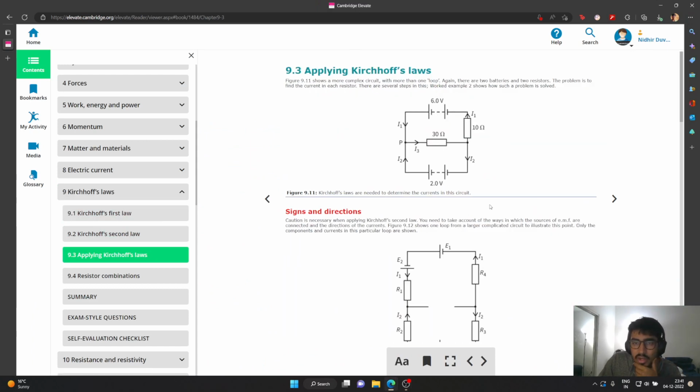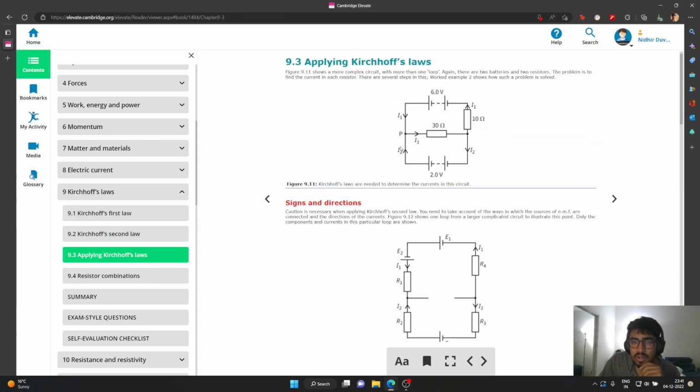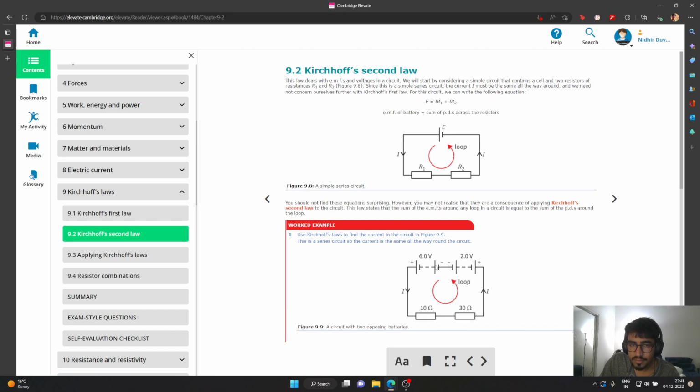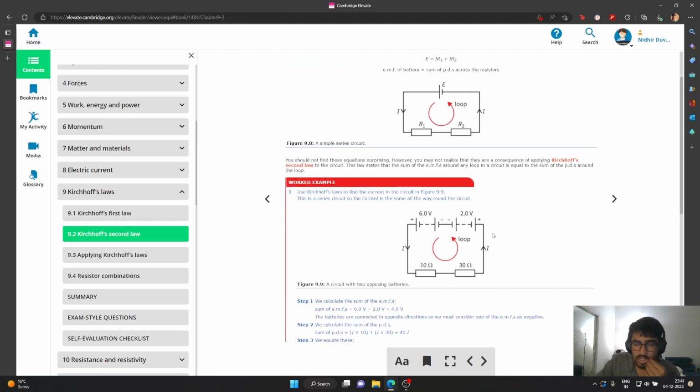You can definitely go through the book, it will help you. So let's try to do a simple example first. Let's try to do something like this. There's a 6 volt source. Let's see what they're trying to do. You have a few components that are giving and taking away energy. If you go in the mentioned direction here in the loop, in the red direction, this 6 will give energy, right?